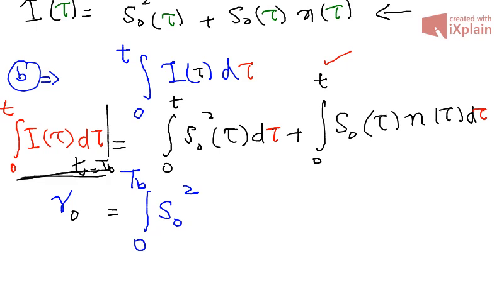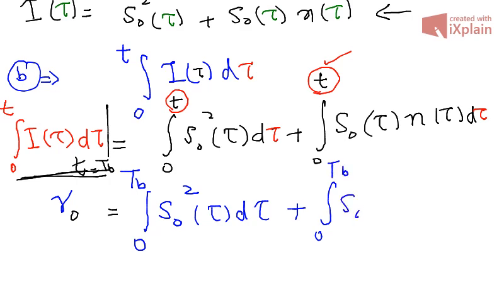So at this instant we are interested in r naught. I'll just replace these limits and put tb in the above equation. So the integral would look like this: from 0 to tb, s naught of tau, n of tau d tau.